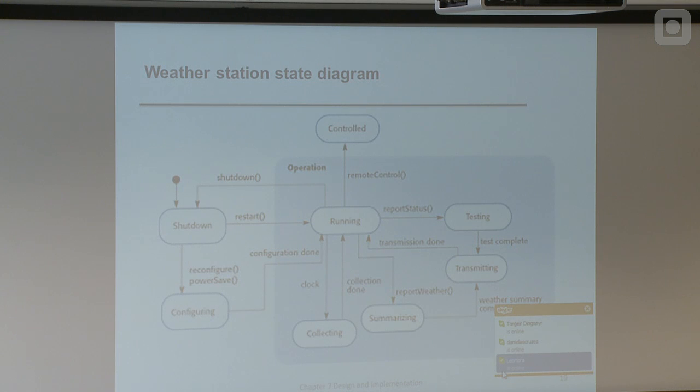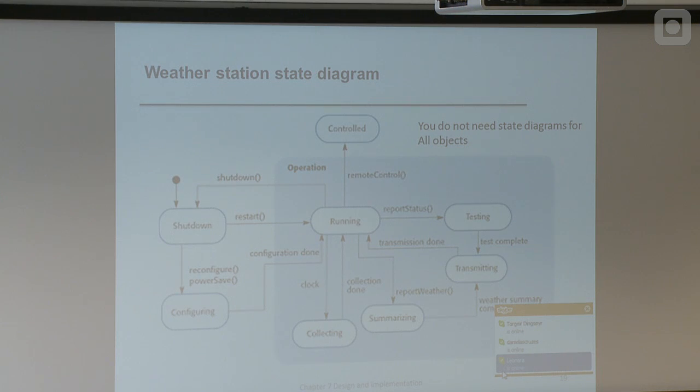We come to the state diagram of that class, and of course we do not need state diagrams for all classes, but for a class like this, which has a complicated and important behavior, we have to go and specify the behavior by a state diagram. And here it's important that we go and see, okay, here I have a shutdown.